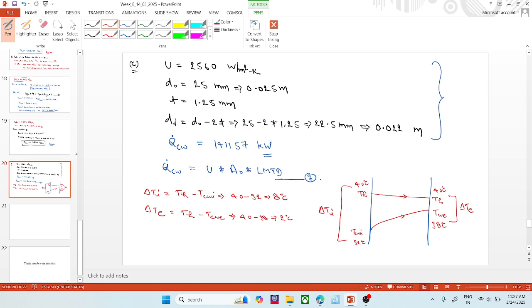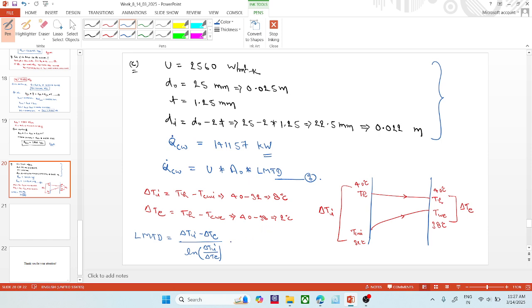Then the formula for LMTD, we know LMTD is delta Ti minus delta Te divided by ln of delta Ti divided by delta Te.